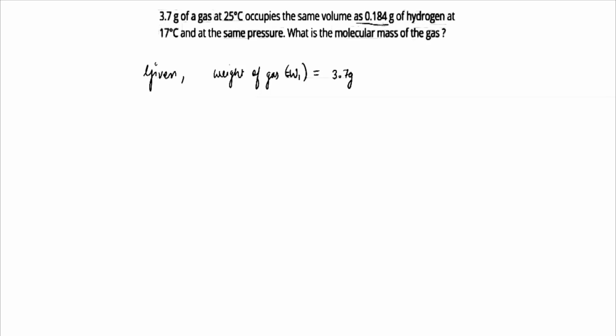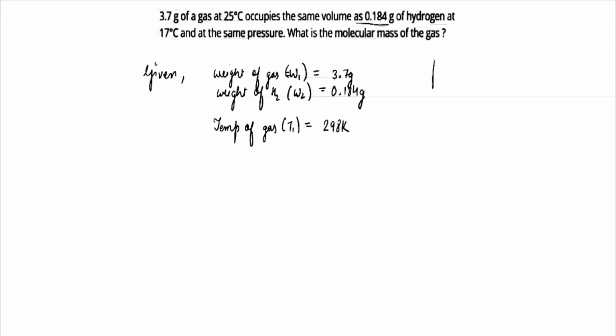Weight of hydrogen gas is W2, which is 0.184 gram, and the temperature of gas, let us take this as T1, which equals 298 Kelvin.